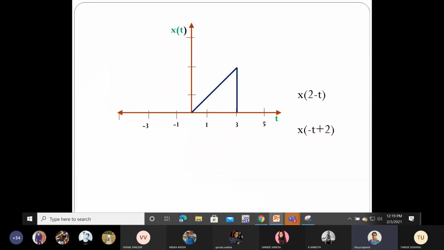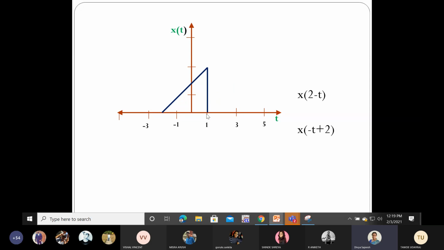So first, this is your original signal. We have to advance it by an interval of 2. If I advance it by an interval of 2, what will happen? Your signal which was at origin will shift to minus 2 and the signal which was at the third position will shift to 1.